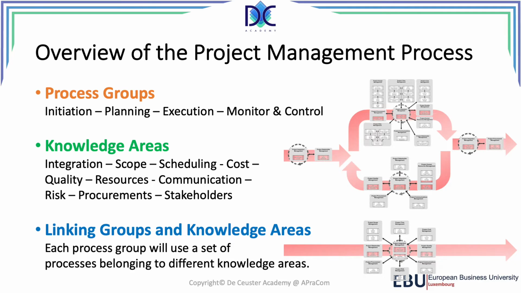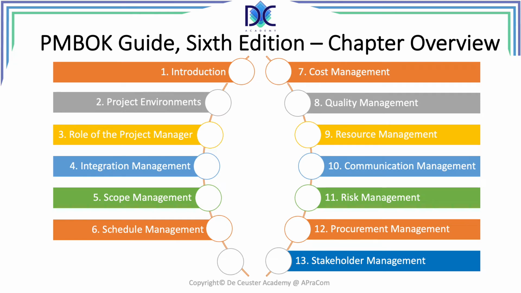But let's have a look at the PMBOK. What's in the PMBOK? What are the different chapters in that document? We are not going to talk about so much, as in the previous presentations, we talked about the introduction, the project environment, and the role of the project manager. Basically from chapter 4 till chapter 13, we have the different knowledge areas.